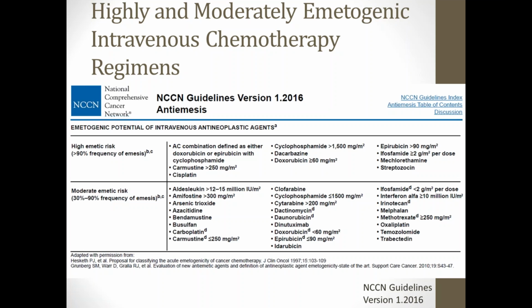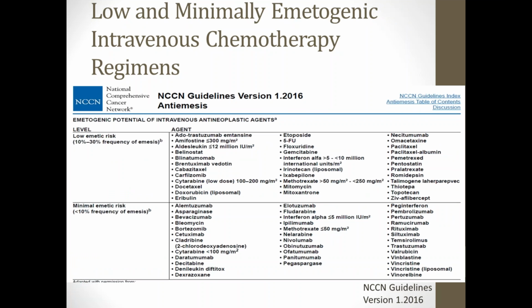Your moderately emetogenic group of drugs is a little bit longer of a list, and some common drugs include bendamustine or Bendeka, carboplatin, other anthracycline chemotherapies such as epirubicin, idarubicin, irinotecan, oxaliplatin. This is a list of your low and minimally emetogenic chemotherapy drugs.